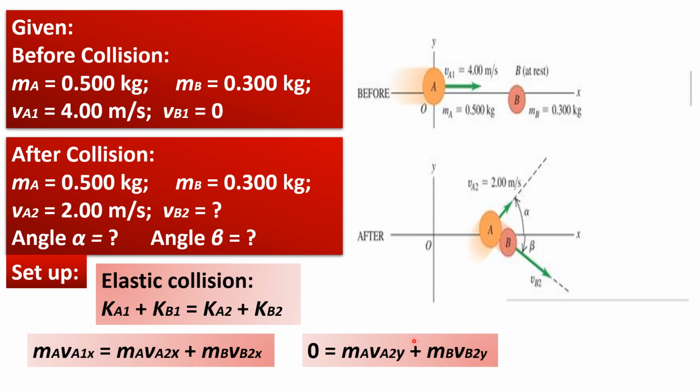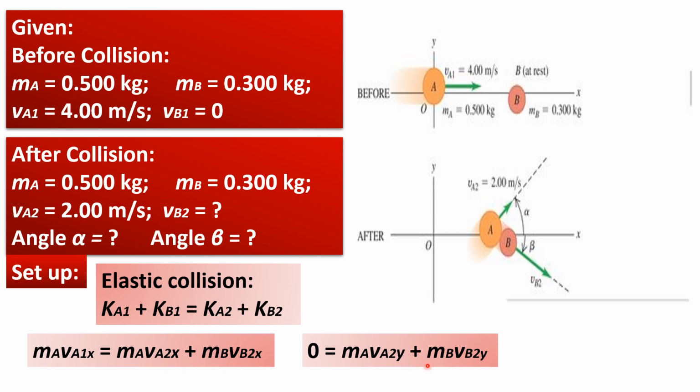For the y component, of course, the total momentum of the two particles before they collide, specifically the y component, is understood to be zero. And that is equated to the total momentum along the y-axis for the two particles.